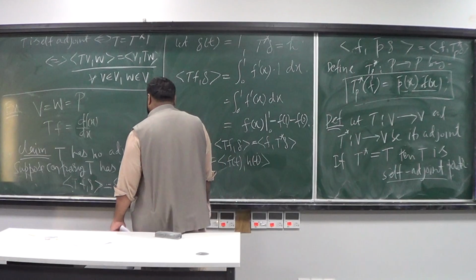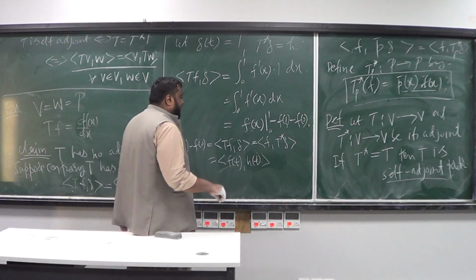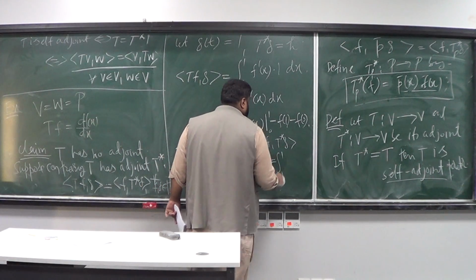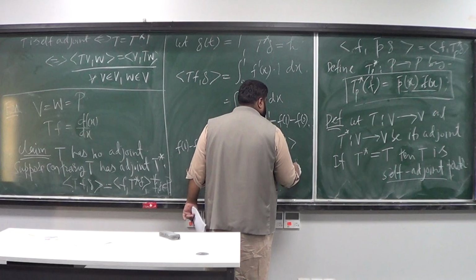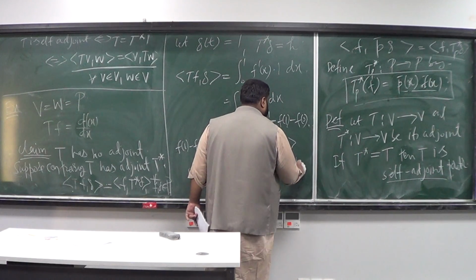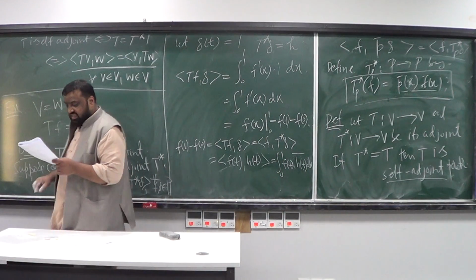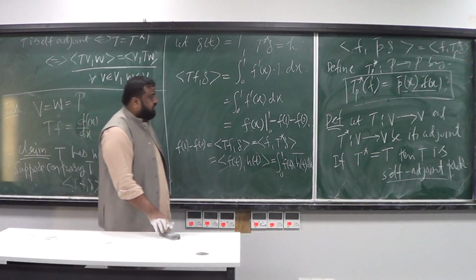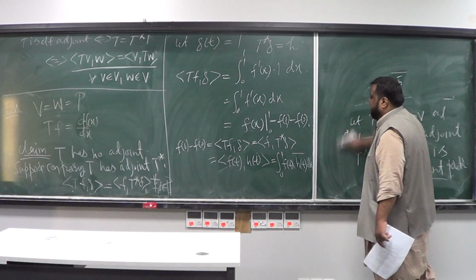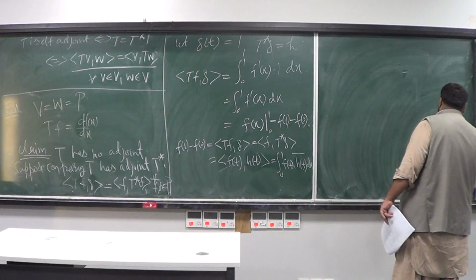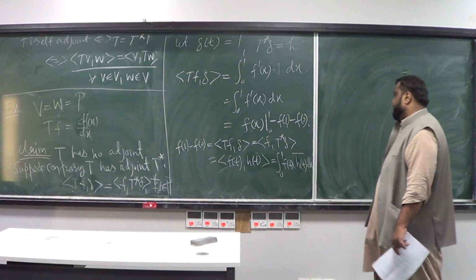If I calculate this explicitly, it's the integral from 0 to 1 of f of x times h of t bar dx. So in other words, f of 1 minus f of 0 is equal to this.